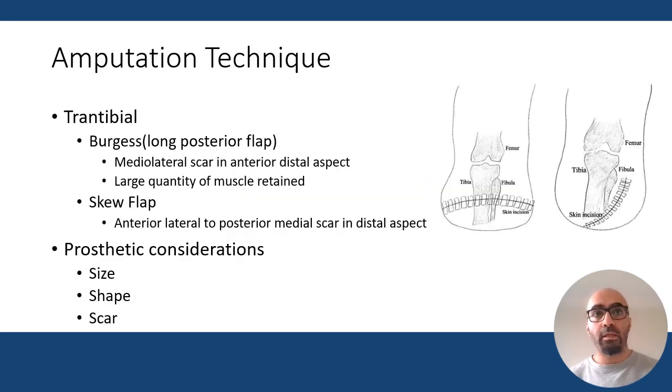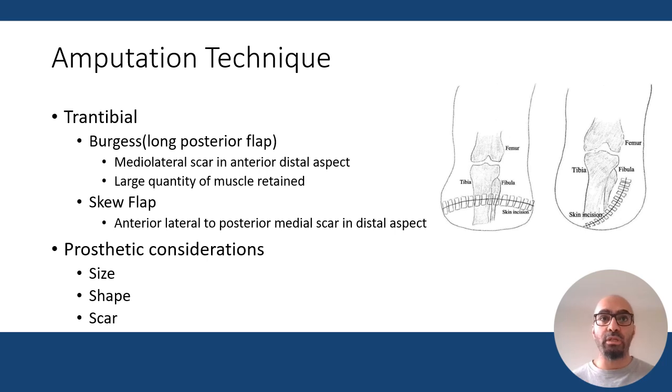The first thing we like to ascertain is the amputation technique. We need to make sure that we have the proper technique. If it is an elective vascular amputation, that's a different scenario, but I will focus more on the traumatic amputation, which is the majority of our Gazan cohort.